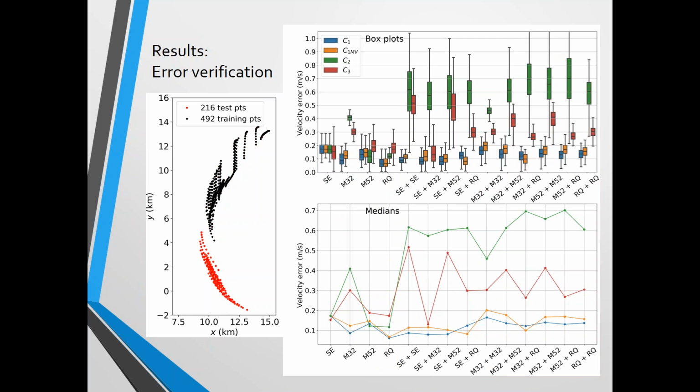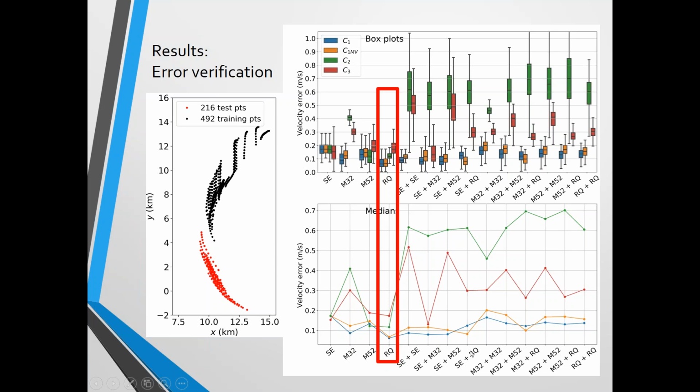And here's the test for the extrapolation case. So the errors were expected to be way bigger. And again, you see the adjusted coordinate system having a much better performance than the Cartesian coordinate system, especially for the same function, the rational quadratic.